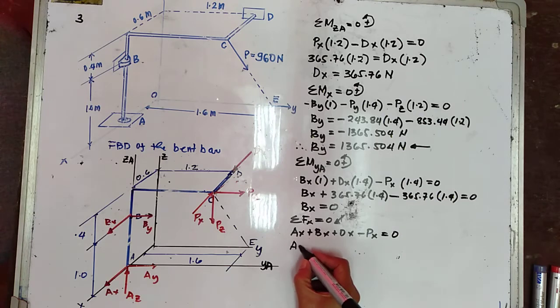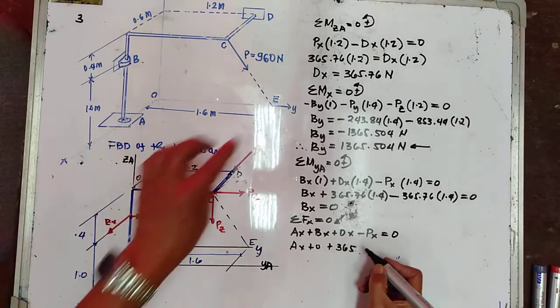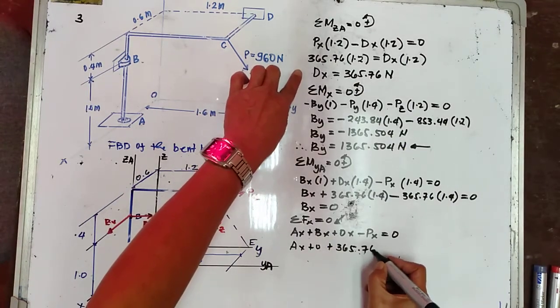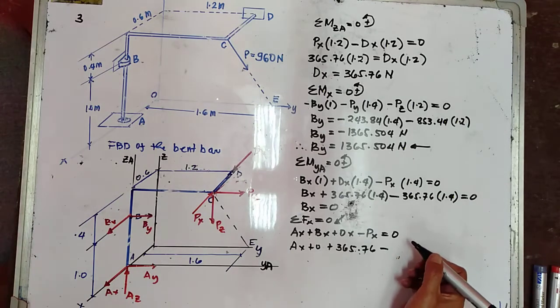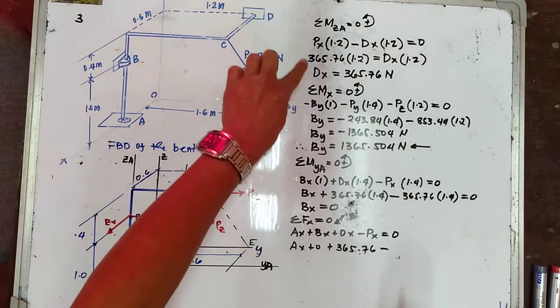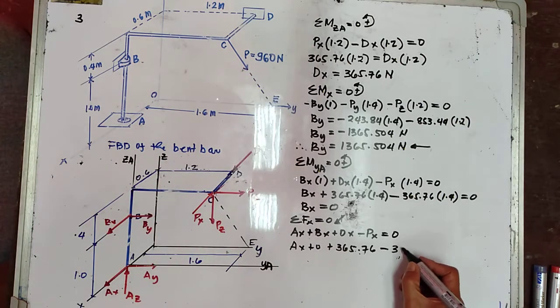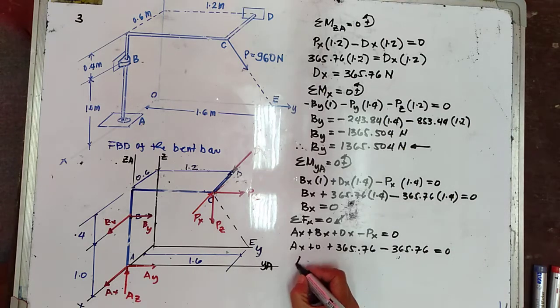So that ax plus 0 plus dx, 365.76, minus px. So minus px, and again your px in here is equal to 365.76 is equal to 0. Hence, the value of ax is also equal to 0.